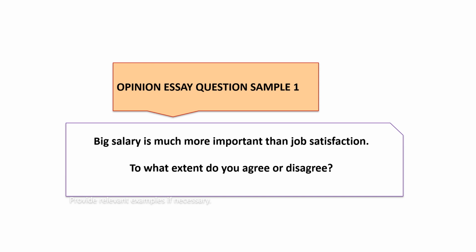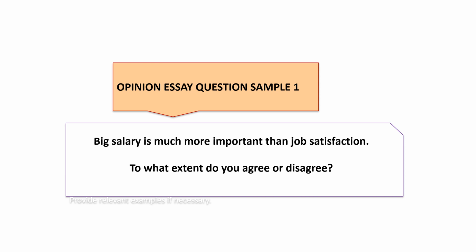The question is, big salary is much more important than job satisfaction. To what extent do you agree or disagree? In opinion essay questions, you will have this statement. To what extent do you agree or disagree?